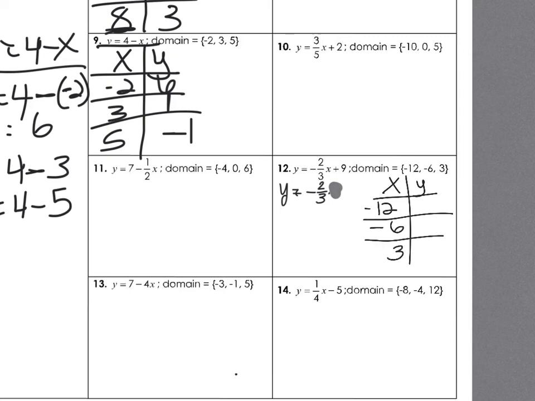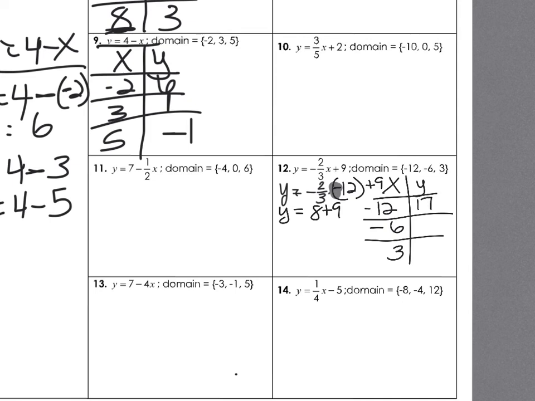So y equals -2/3 times -12 plus 9. Okay, so negative 2/3 times negative 12 is going to be positive 8 plus 9. So that's going to be 17.